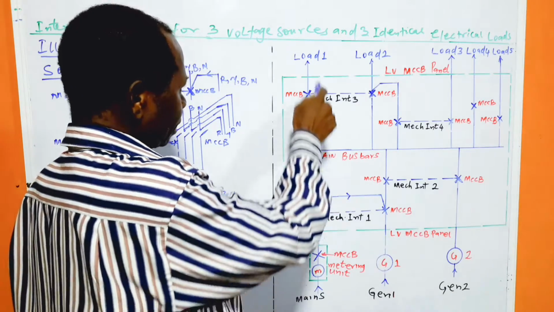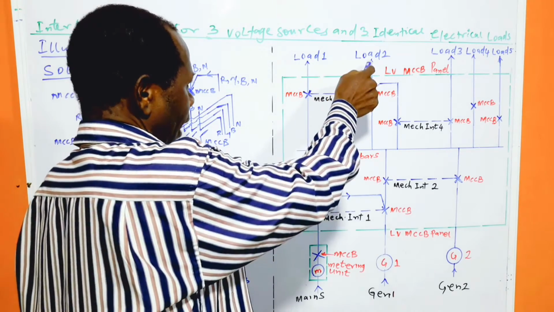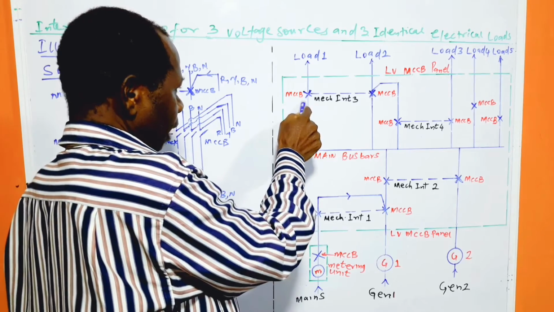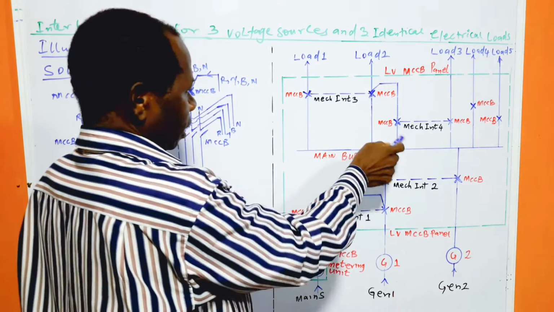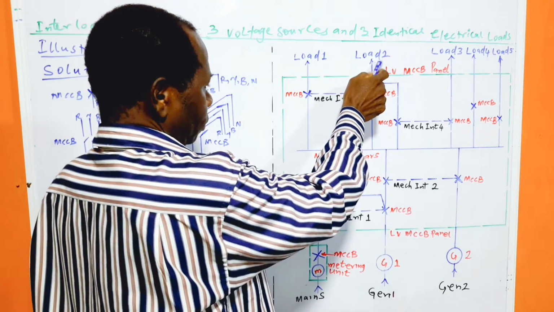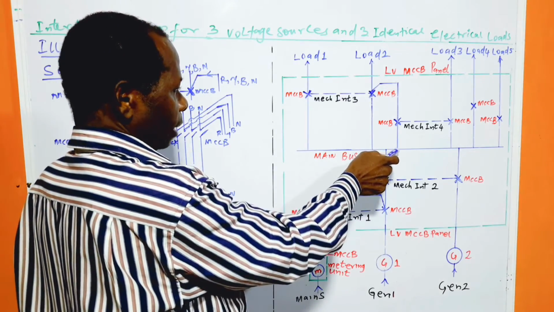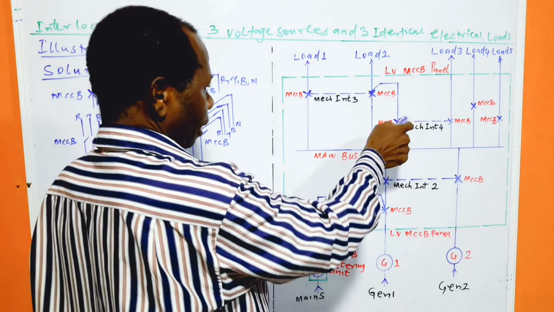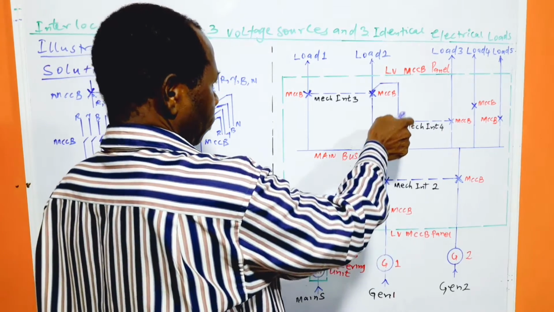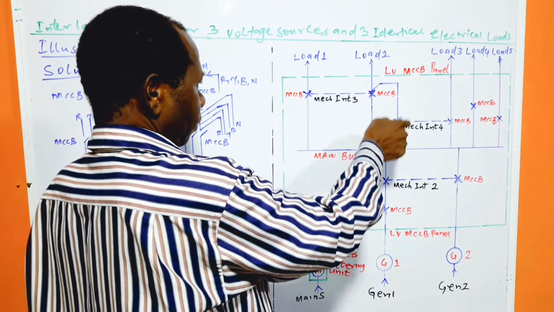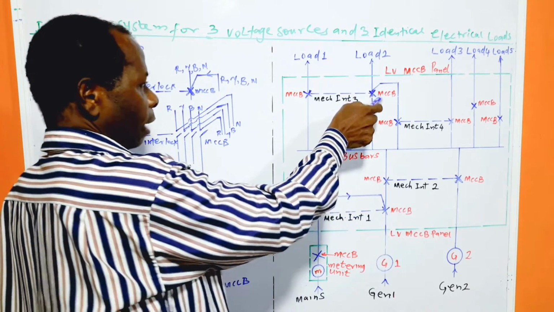Now, to select chillers 1 and 2, we close this circuit breaker. Once we close this, this one will open. And this one will be receiving power supply through this circuit breaker that will be closed while this one will open. And the current will flow through this circuit breaker to the upper part of this circuit breaker.